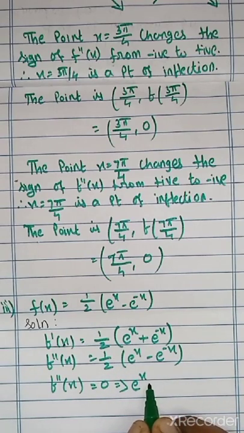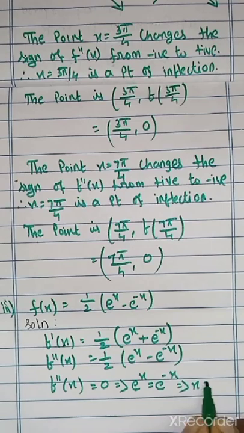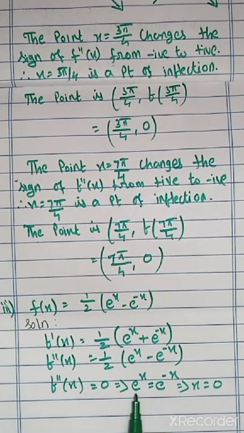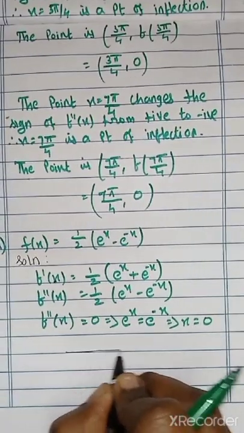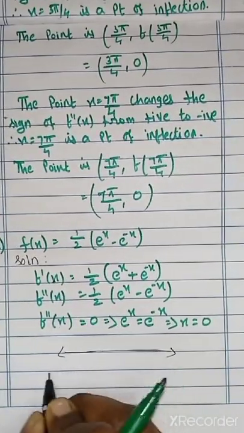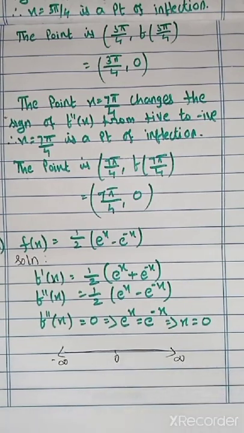So e power x equal to e power minus x. Your e power x and e power minus x are equal when x equal to 0, because anything to the power 0 is 1, no? So 1, 1. So what is your x value? 0. Next, what we have to take? Interval, correct? Interval line. So this is minus infinity, plus infinity, and 0.